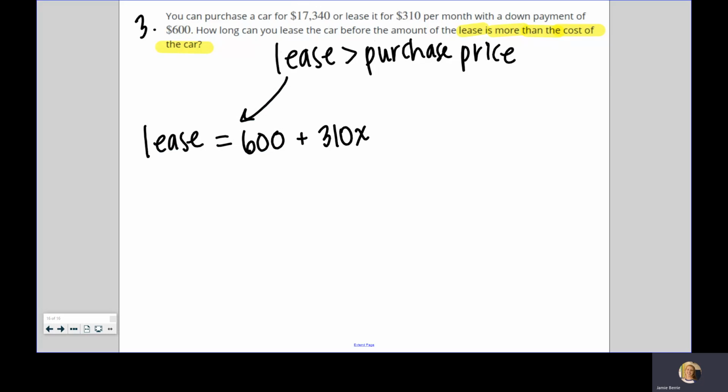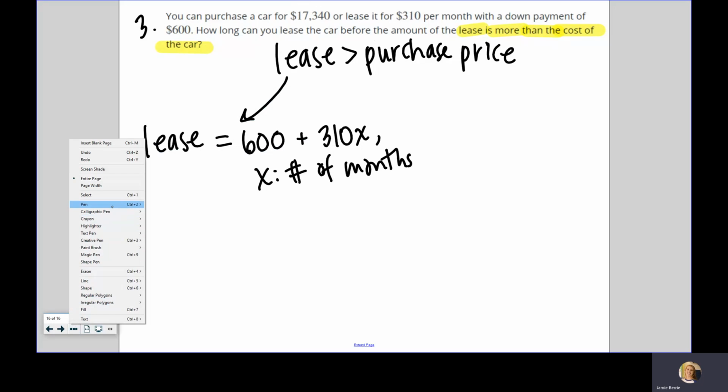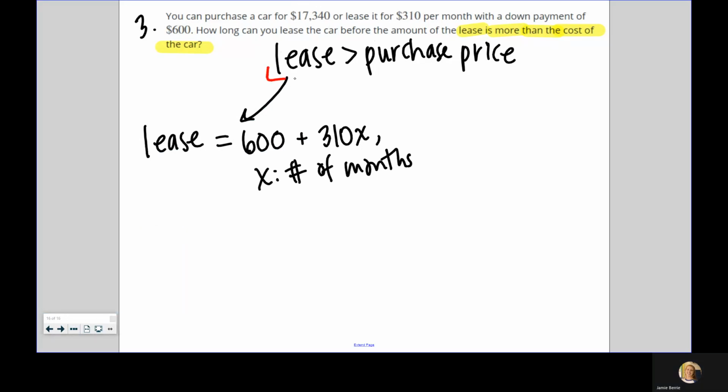So we'll say 310 times X, where X is the number of months. All right, so now let's go in here and we will replace our lease with our formula for the lease. Then we will replace the purchase price with 17,340.